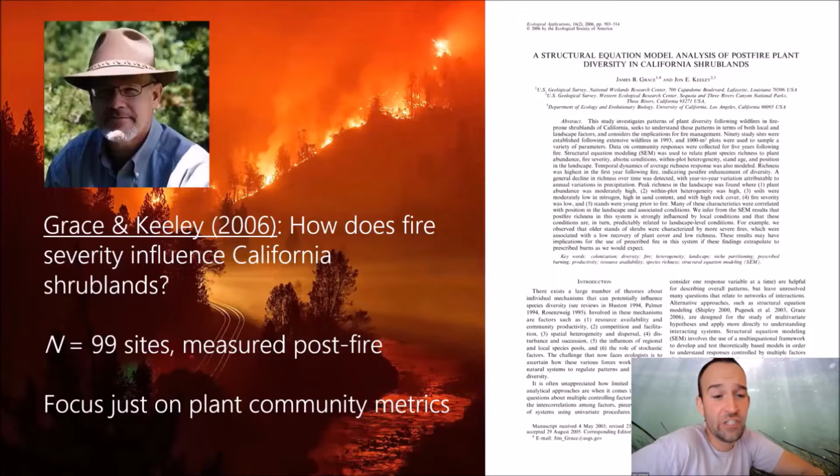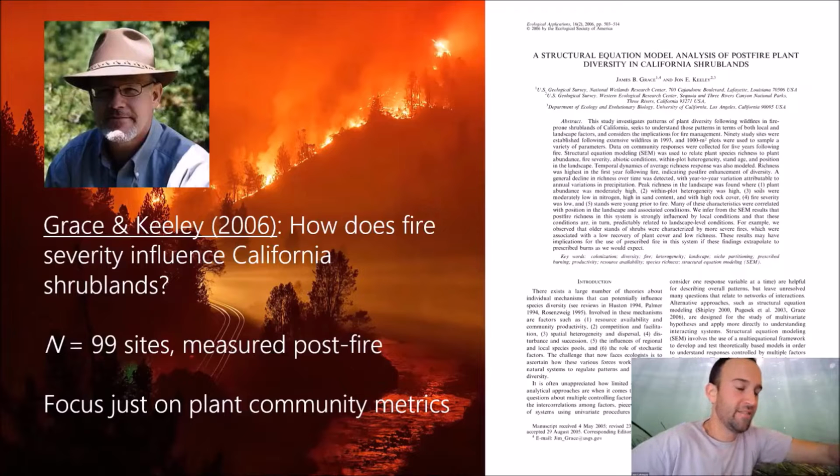That data set actually comes from a paper by Grace and Keeley from 2006, which basically was trying to understand how fire severity influences California shrublands. So they identified 99 sites, which they measured pre and post fire for various kinds of abiotic and biotic characteristics, including aspects of temperature, soil properties, and then, of course, the ecological community itself, so composition, biomass, diversity, and so on.